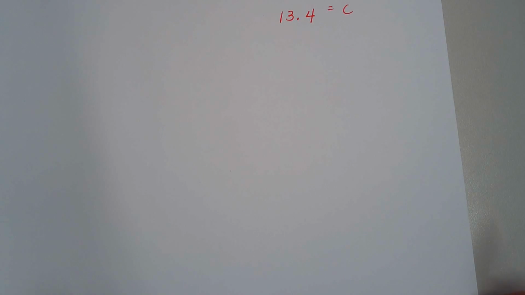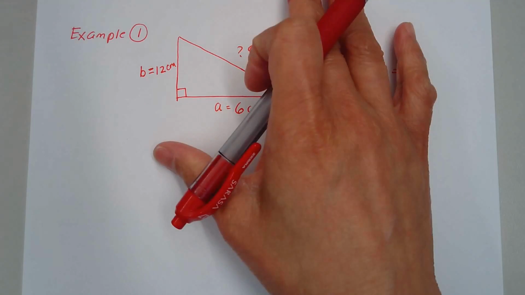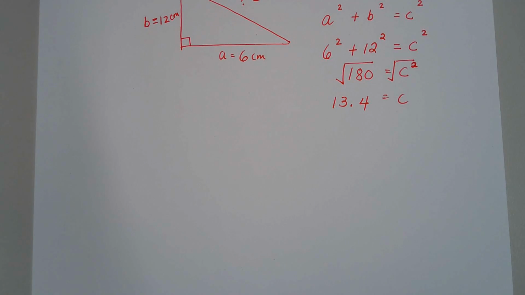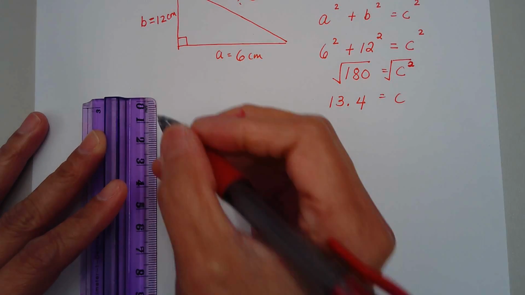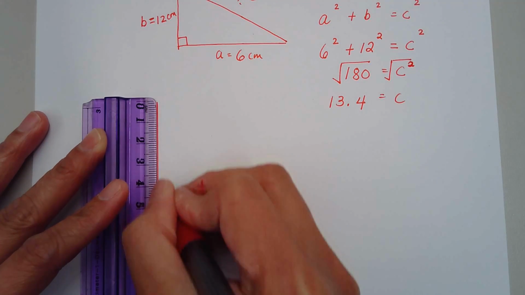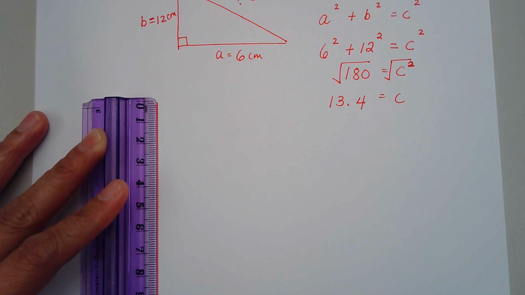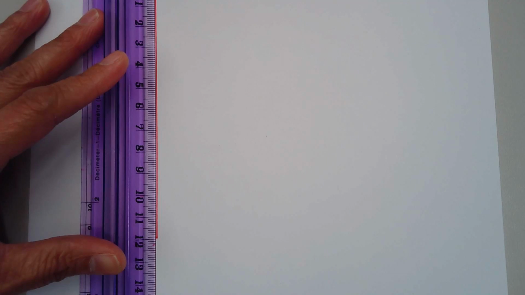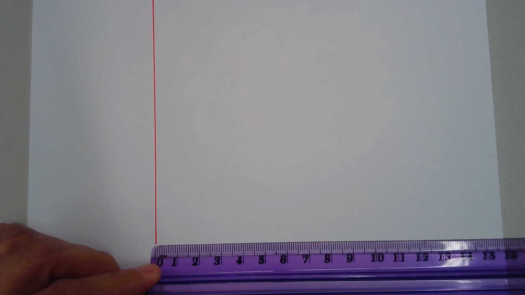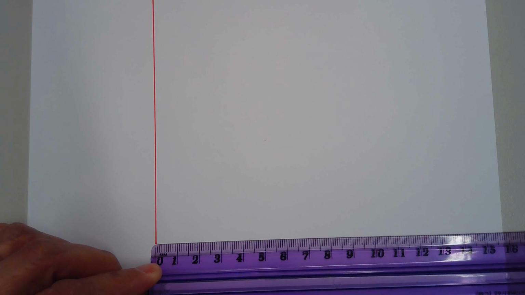I'm going to put 12 first, just to make sure I have room. Everybody can see that I did up to 12, right? And then I'm going to do 6 this way. I'm going to make sure that it's a right angle. I'm just eyeballing here.